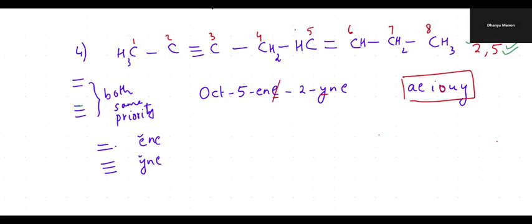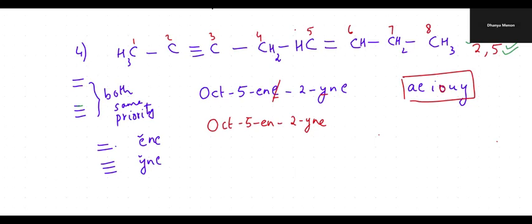So oct-5-yn-2-ene. This is the name. So both double and triple bond have equal priority. Numbering is done in such a way that they get the lowest number. Both are equally important.